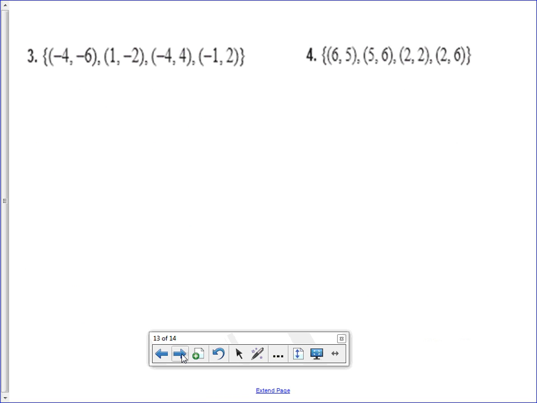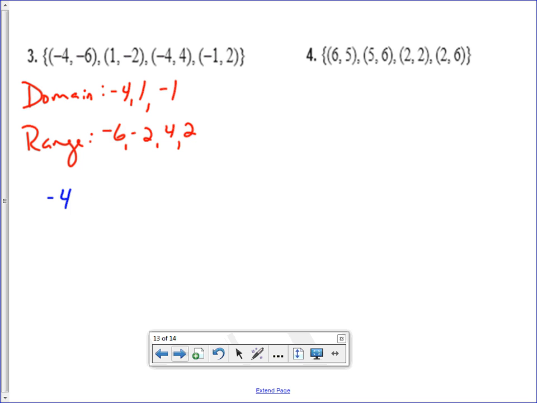Okay, so if I did it here, domain on this one would be a -4, a 1, and a -1. The range would be a -6, a -2, a 4, and a 2. So if I did my mapping, it would look like this.